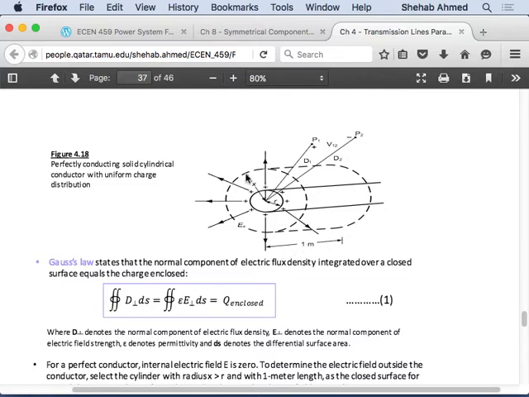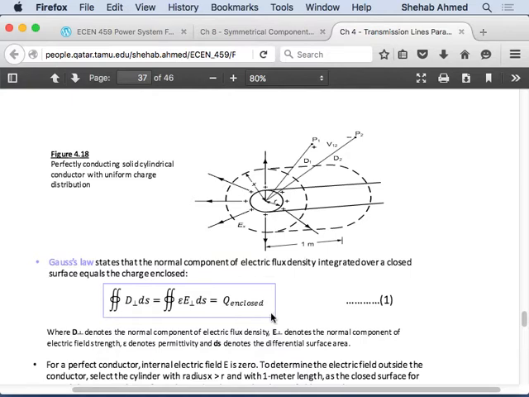So the area is the perimeter multiplied by the length. If we're talking about x, it's 2 pi x times the 1 meter, so ds is 2 pi x times 1 meter. So we take E out, and epsilon E times 2 pi x times 1 meter is equal to the charge enclosed.